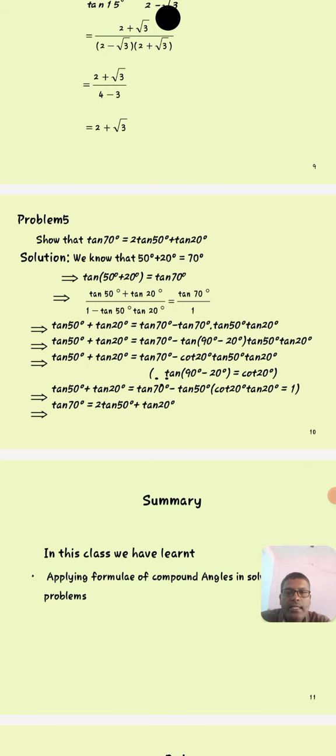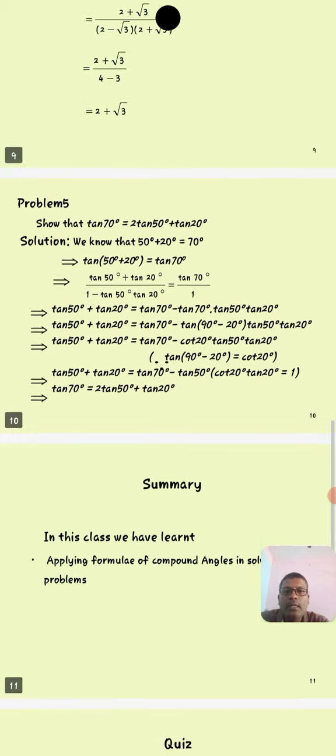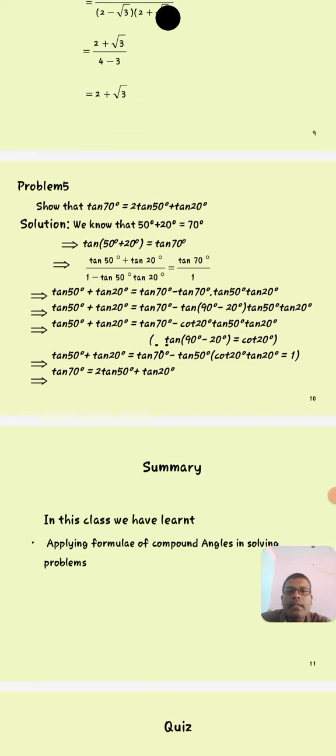Now on both sides we apply the tan function. Why? Because the proof involves only tan. So that's why we take tan on both sides. Now tan of 50 plus 20 is equal to tan 70 degrees.